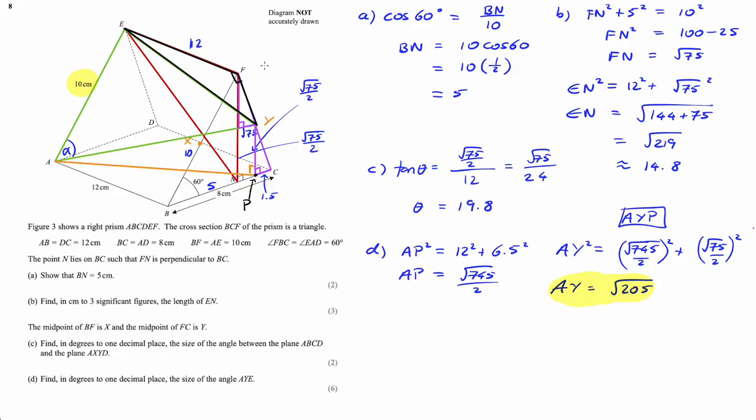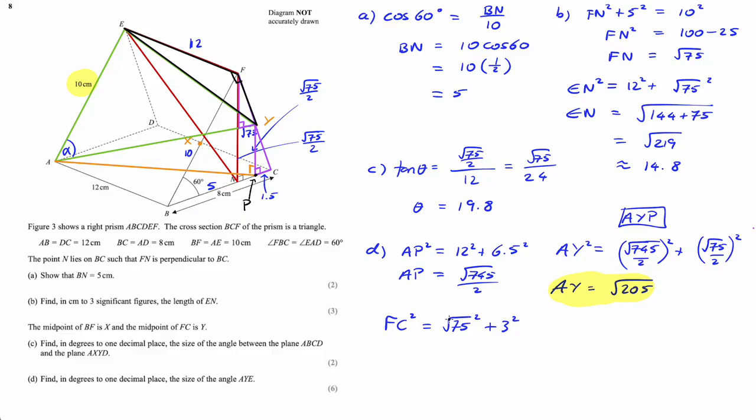So that's a right angle. So I need FY. Now FY is half of FC, so first I need FC. So FC squared is equal to this root 75 squared. Sorry, guys, this full one is root 75, so it's root 75 squared plus 3 squared.